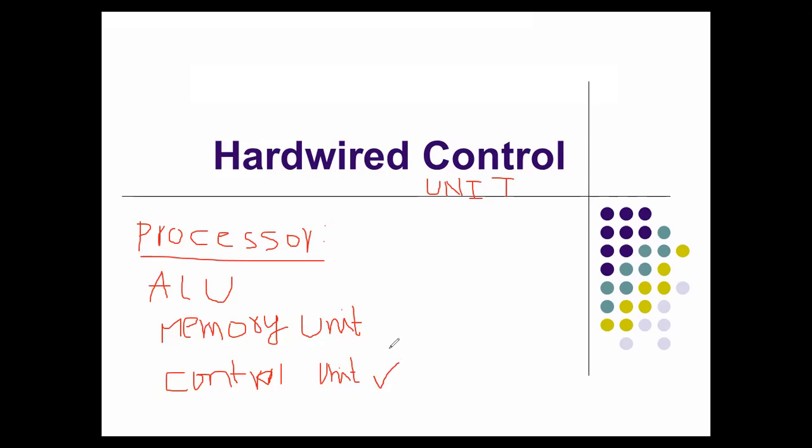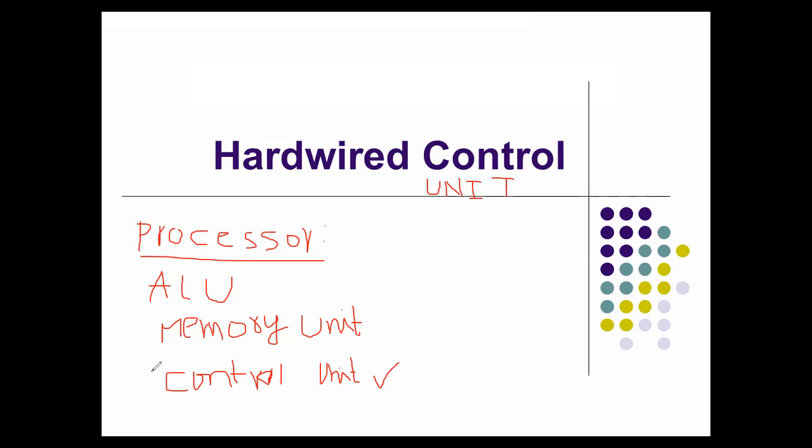In the data transfer, some control signals are generated depending on the instructions which are given to do a particular task. For giving a task, we develop a program, that means a number of instructions.